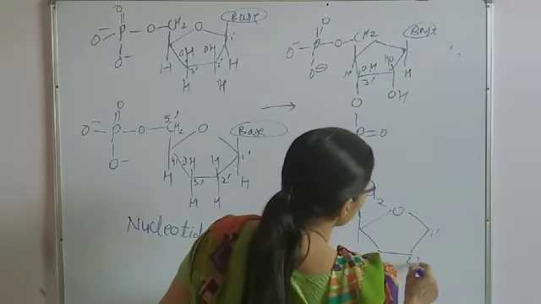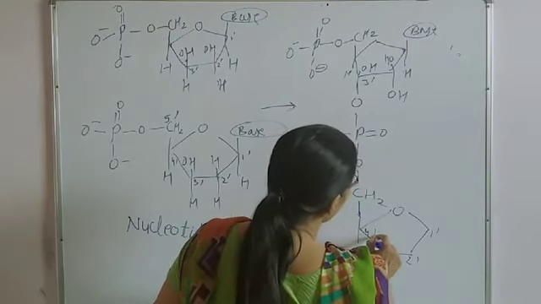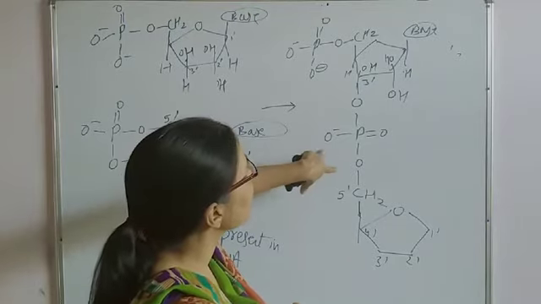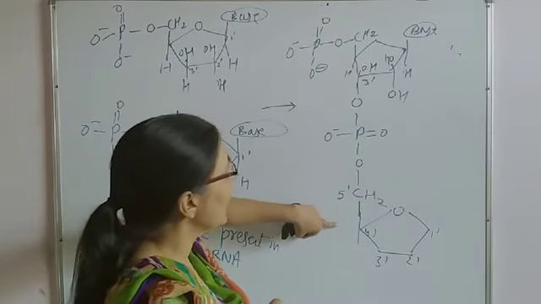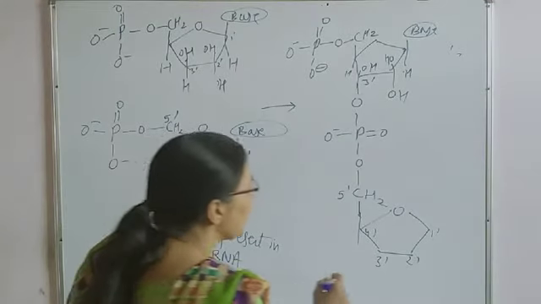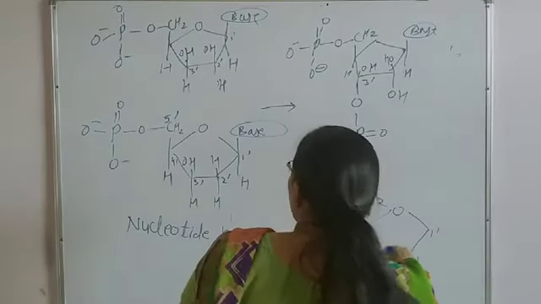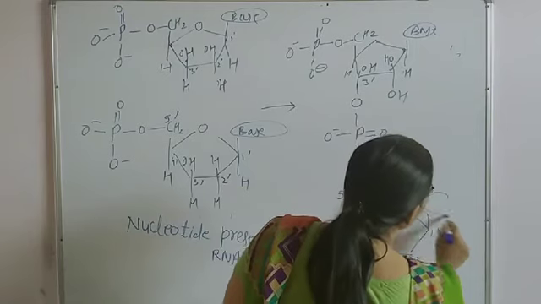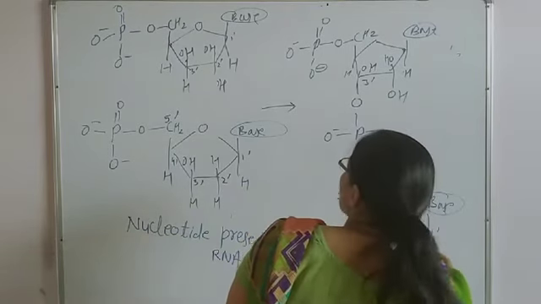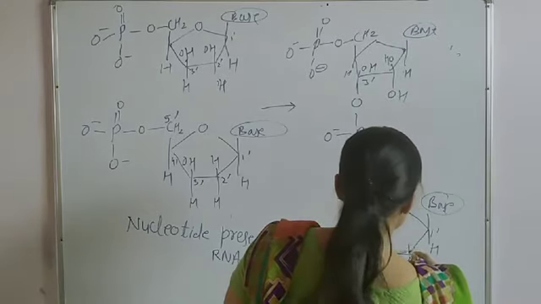1 dash, 2 dash, 3 dash, 4 dash, 5 dash. So the 3 dash 5 dash linkage is present between the 3 dash and 5 dash parts of the sugar. There is a phosphate unit present. Okay, so the rest of the filling I am doing here. As usual, base will be here and hydrogen will be here.